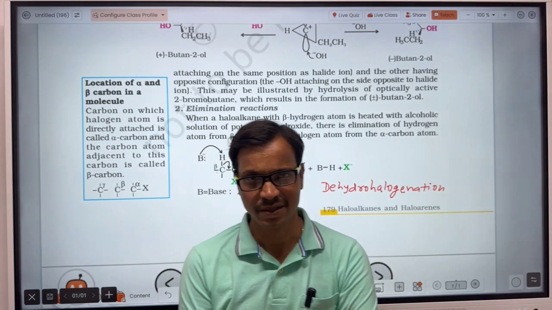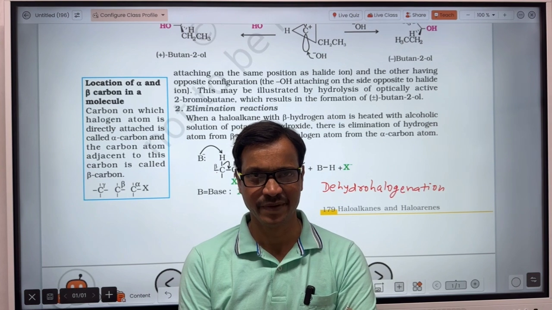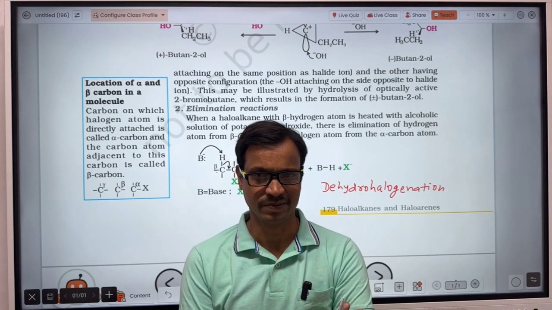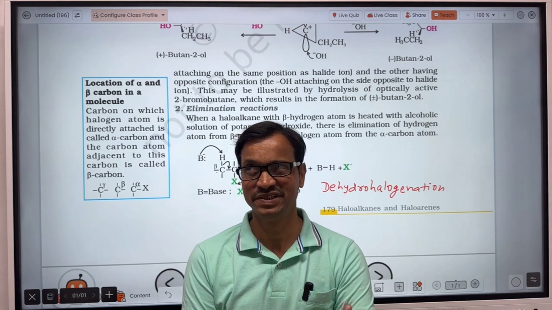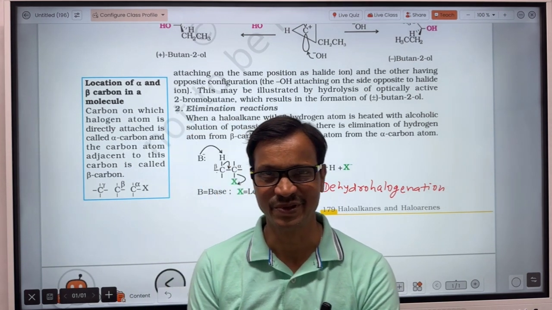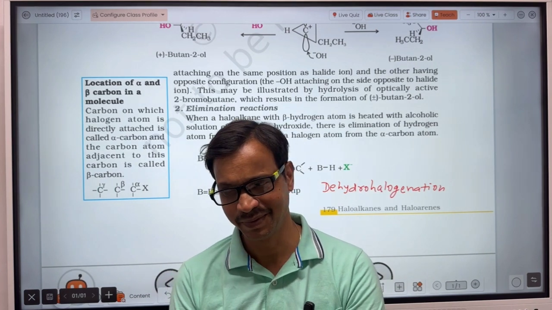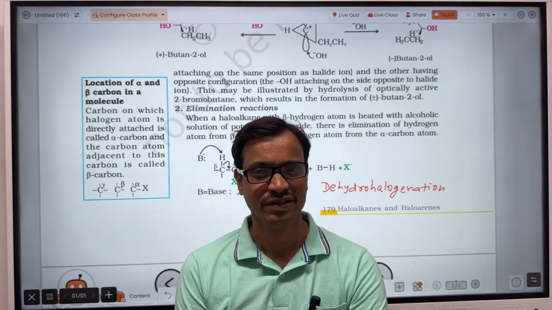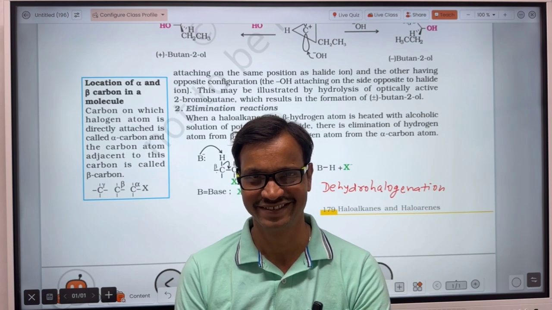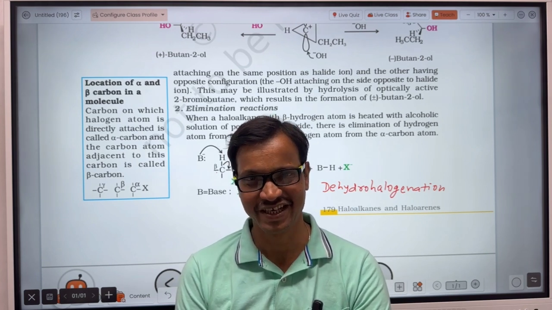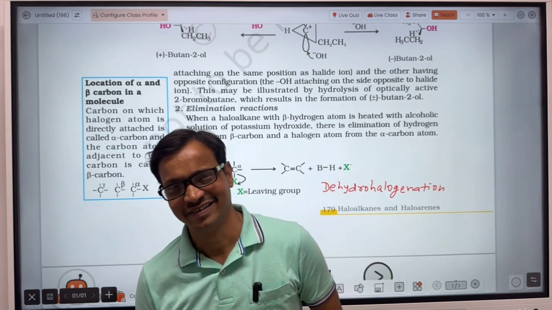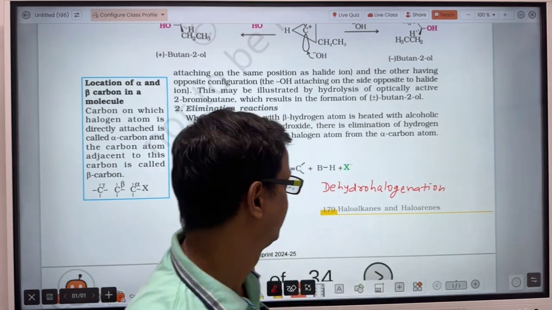The carbon to which the alpha carbon is bonded is called the beta carbon, and the carbon to which the beta carbon is bonded is called the gamma carbon. So alpha carbon, the carbon bonded to the functional group; beta carbon, the carbon bonded to the alpha carbon; and gamma carbon, the carbon bonded to the beta carbon.